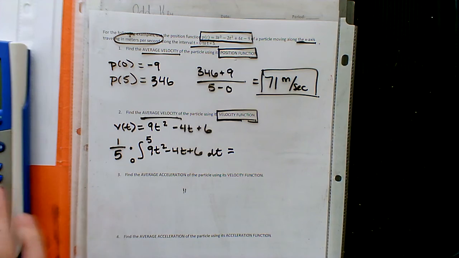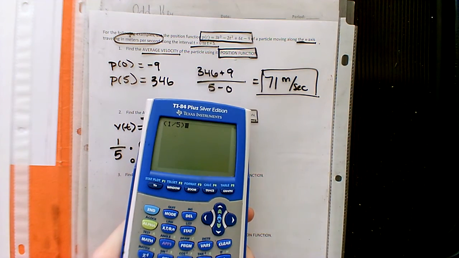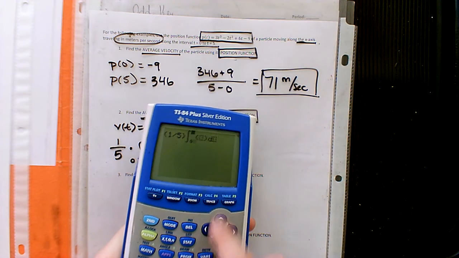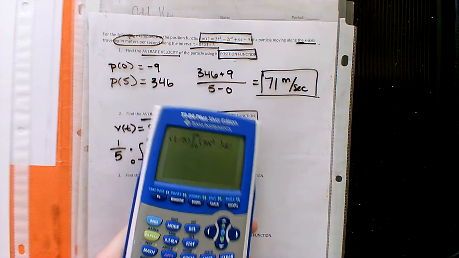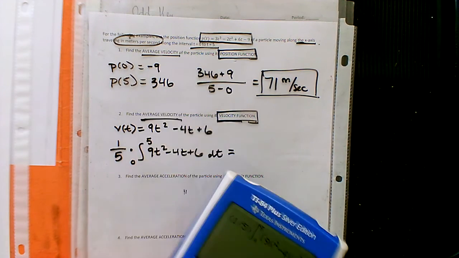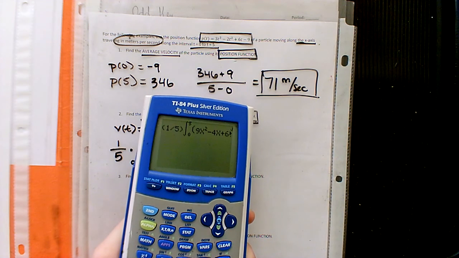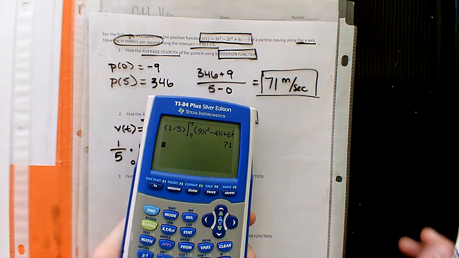Now, I want you to just type this in on your calculator for time purposes. So we'll go ahead and type in 1/5, and then we'll use Math 9 for our integral. And notice how we'll get 71.